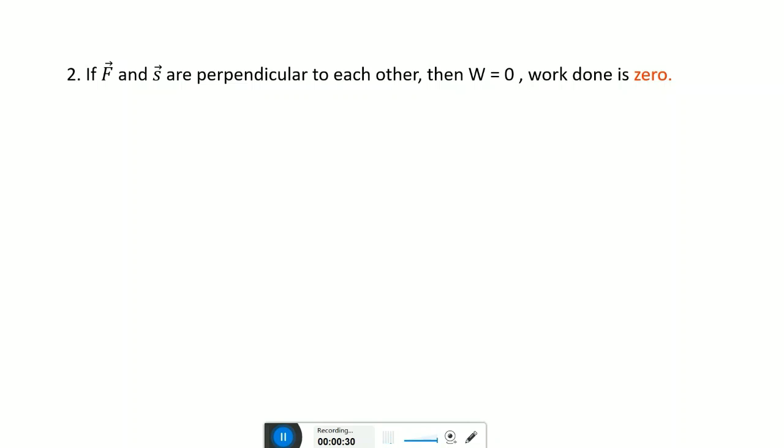As vectors F and s are perpendicular, means angle between them is 90 degree, and according to the relation W is equal to Fs cos theta, or Fs cos 90, and cos 90 is 0, therefore we get W is equal to 0, which is shown in the figure. This is the direction of force F perpendicular to s, therefore theta is equal to 90 degree.